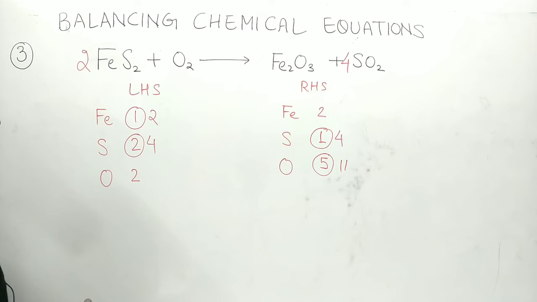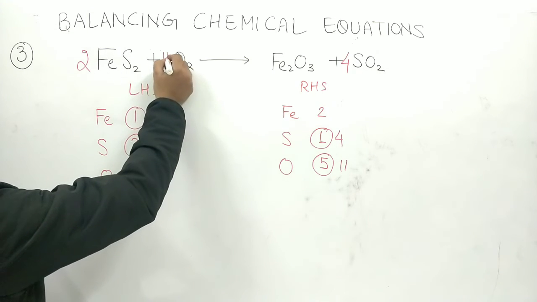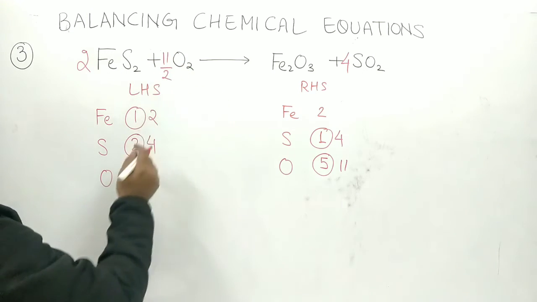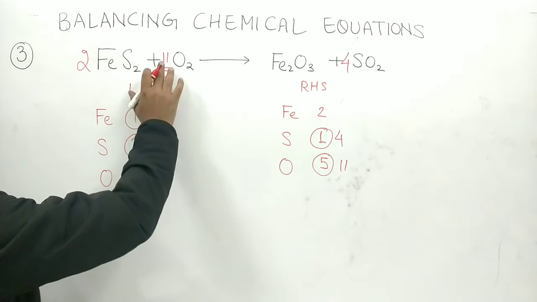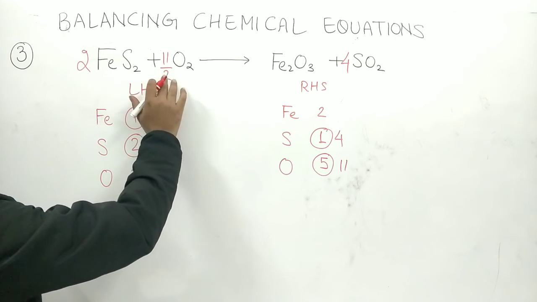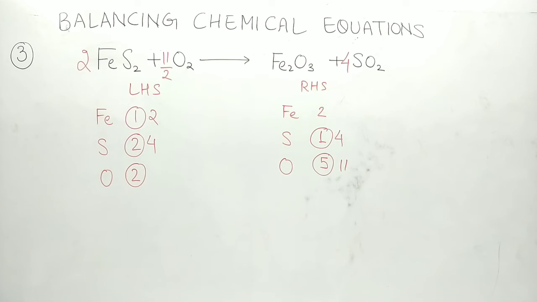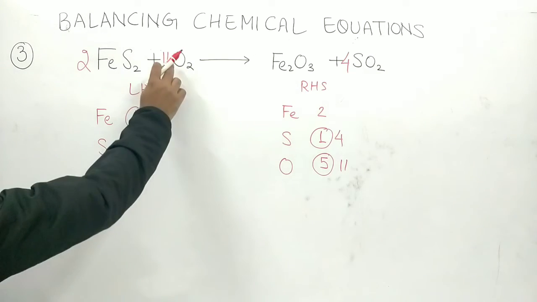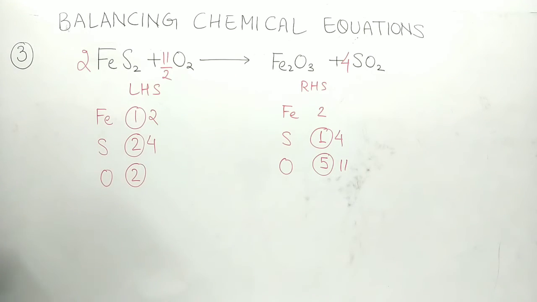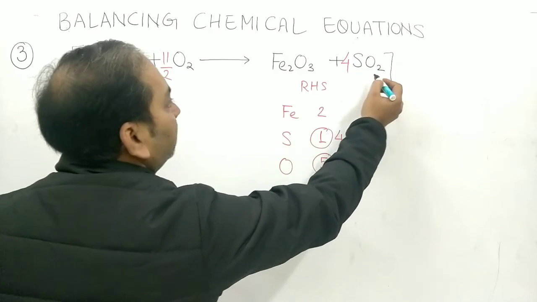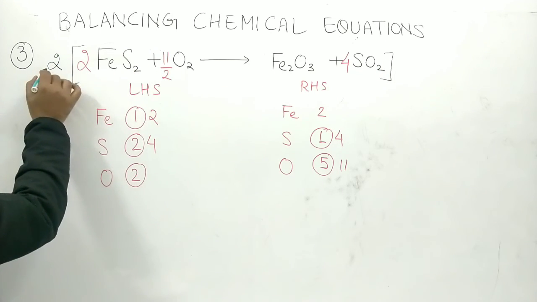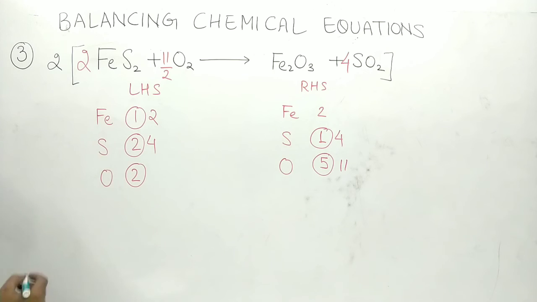But there is no problem, we can multiply with any rational number as well. So if I multiply here by 11 by 2, the 2 cancels out, then oxygen will be 11. In this way we can do it; we can multiply by any rational fraction. As soon as we multiply here, the equation will be balanced, but it doesn't look good. So to remove the fraction, we multiply the whole equation by 2. Then this 2 will cancel and your new balanced equation will come.